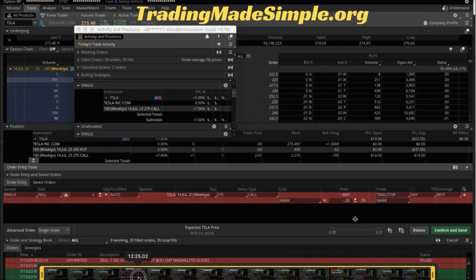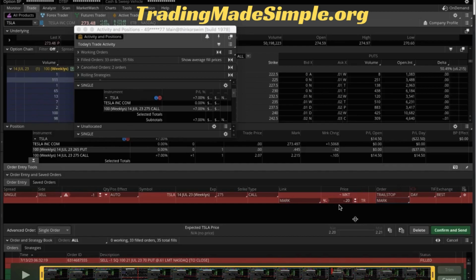Here I'm talking about actually creating a trail stop. We're getting to the point here where we're only at 7% profit. However, we're in profit. And as the trade is moving on, I'm showing you how to create a trail stop. A trail stop allows you to be in a trade with profit and say, hey, at this point, I'm willing to put in a trail stop and walk away from the computer.